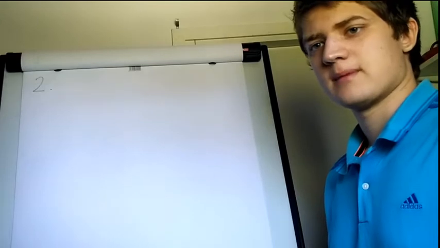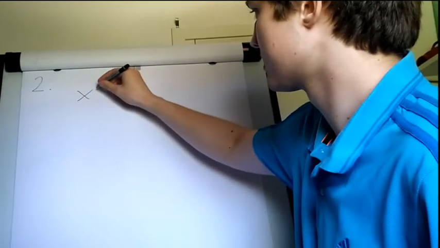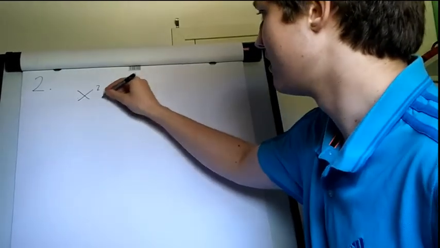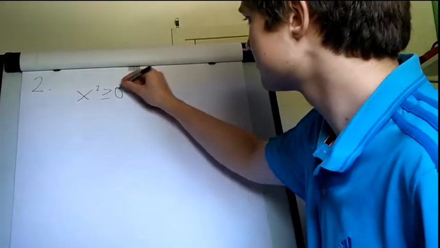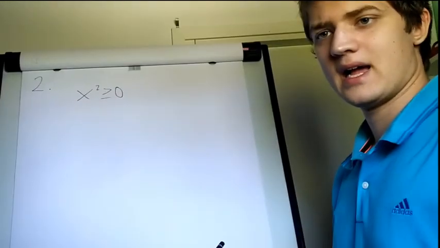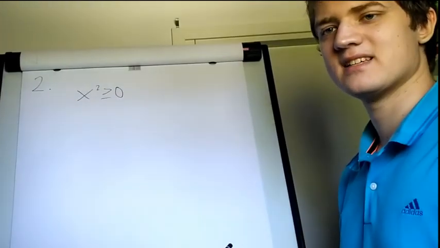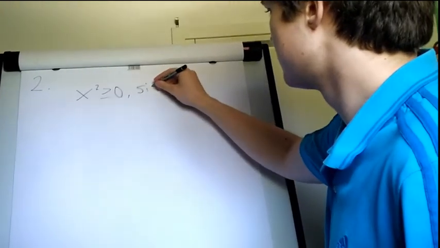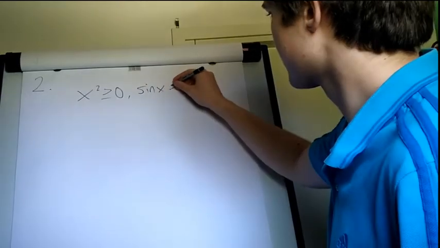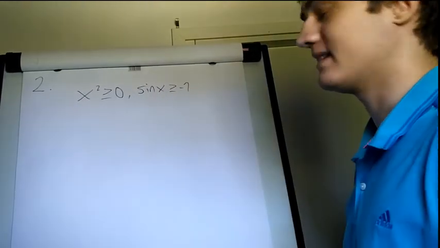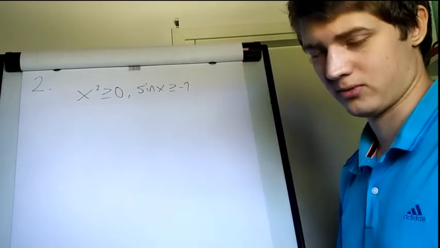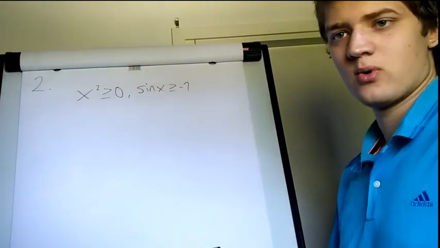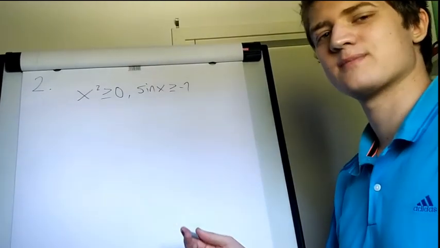So we can, for example, estimate x squared to be always positive or 0. And we also know that sine x is always between -1 and 1. We can write it up here. The important part here is that it is always -1 or greater. And with this information, we can estimate the whole expression this way.